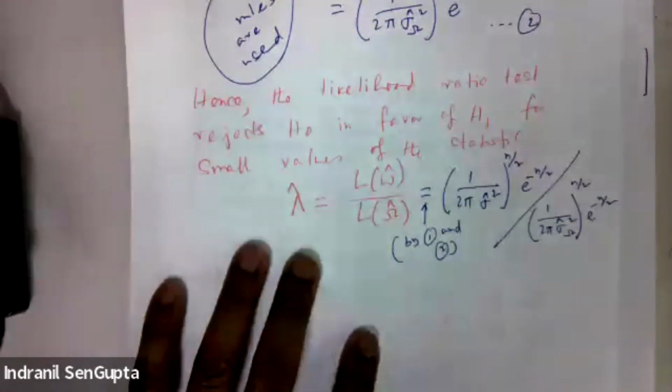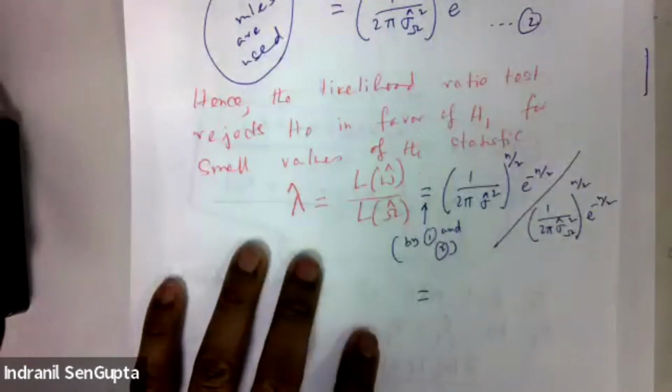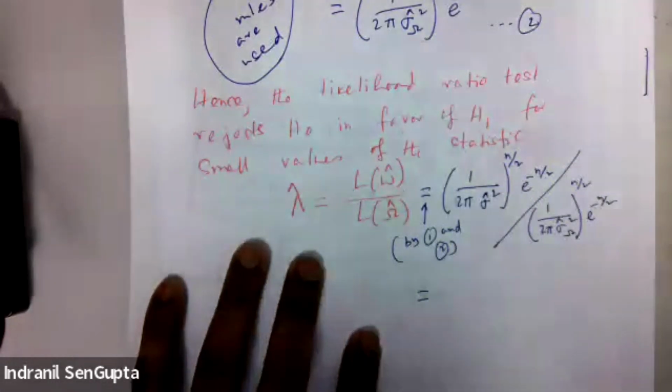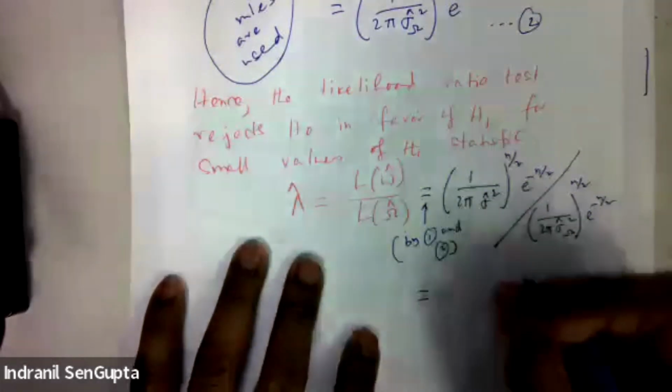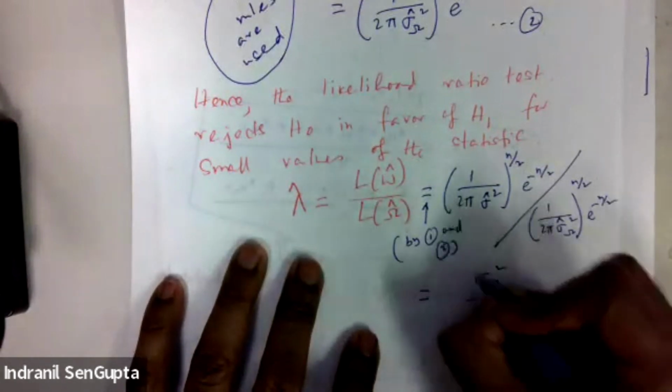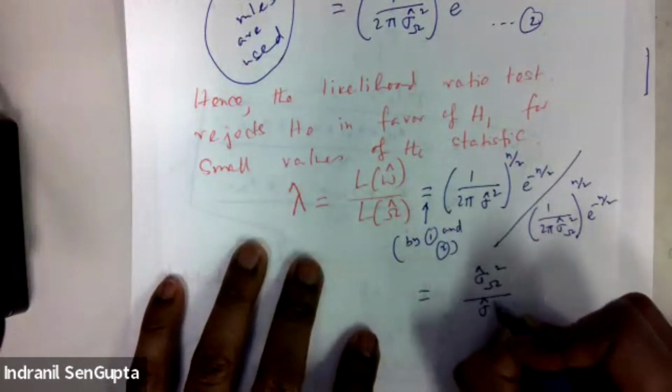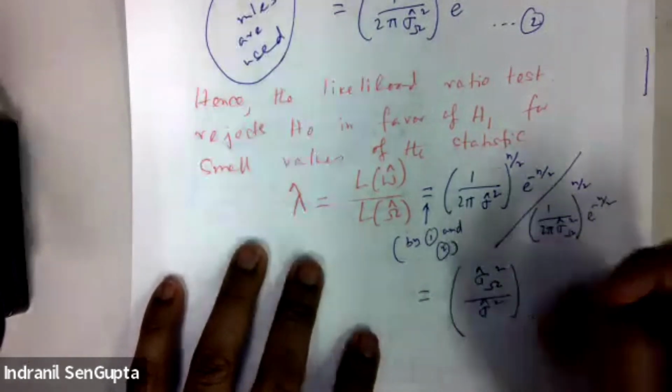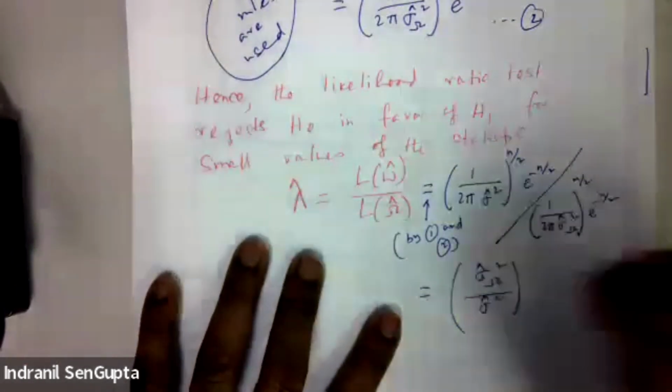So essentially, this is the same as sigma omega squared hat over sigma squared hat to the power of n over 2.